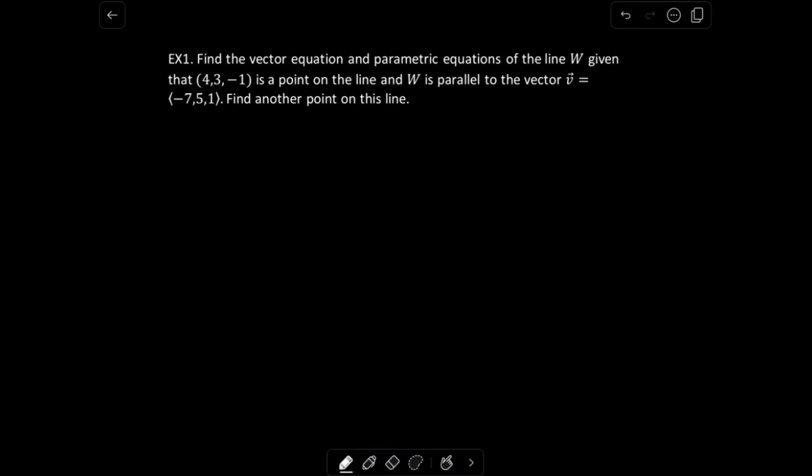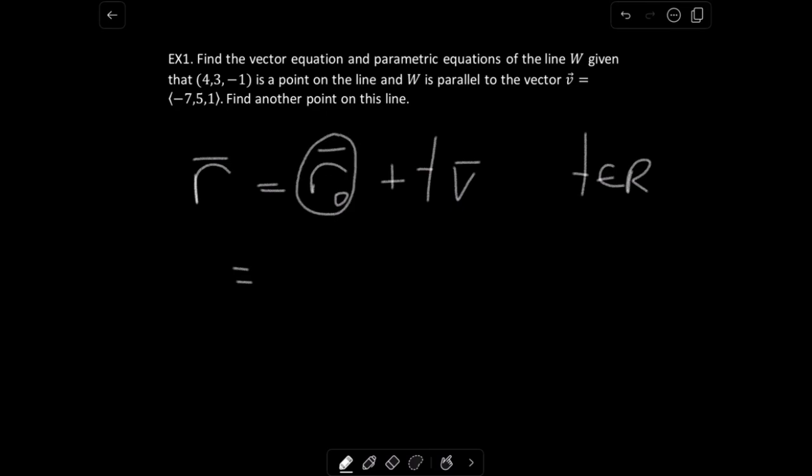So let's remember the vector equation of any line in general. That's equal to vector r0 plus t times the direction vector, where t is an element of real numbers. What is vector r0? That's a position vector from the origin to the point on the line. The point on the line is 4, 3, and minus 1.